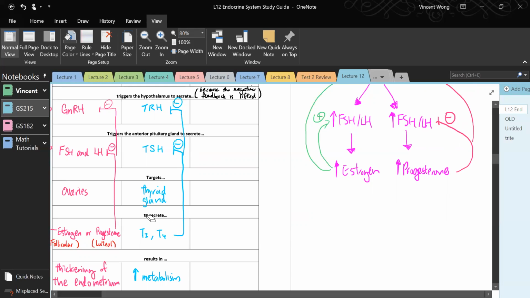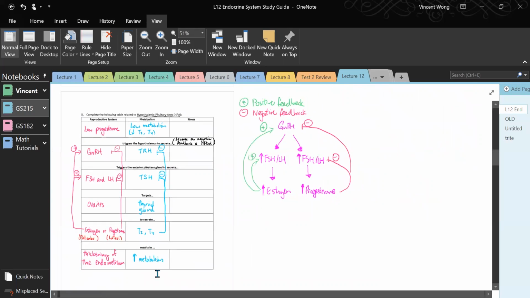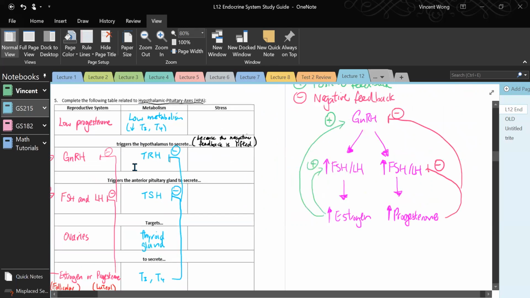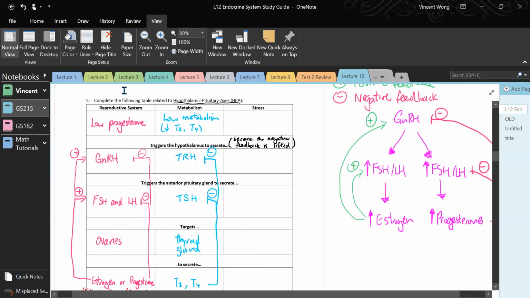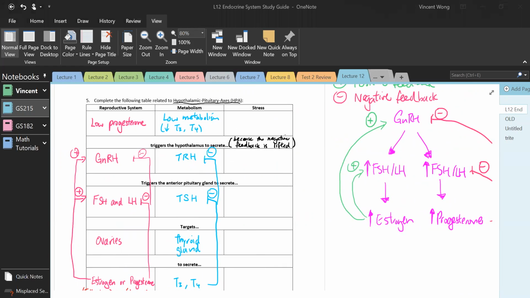And since you are slowing the production of T3, T4, eventually the metabolism will drop, and then the negative feedback will be lifted, and the whole process repeats once again. So I hope you see the parallel between what's going on with this HPA and this HPA. And again, ask me a question if it doesn't make sense.